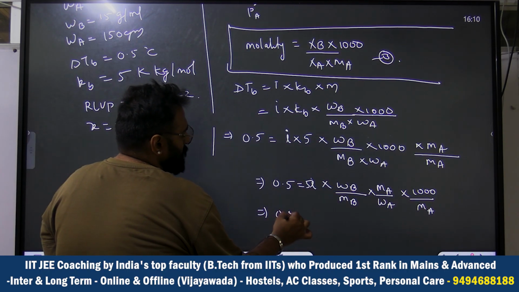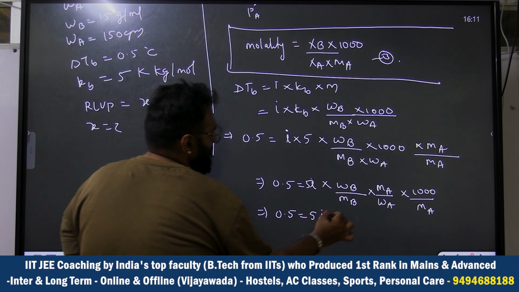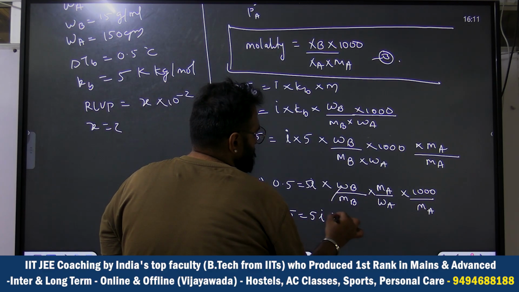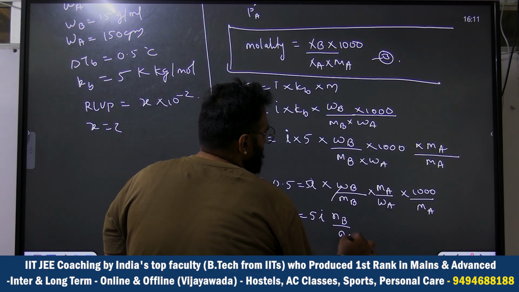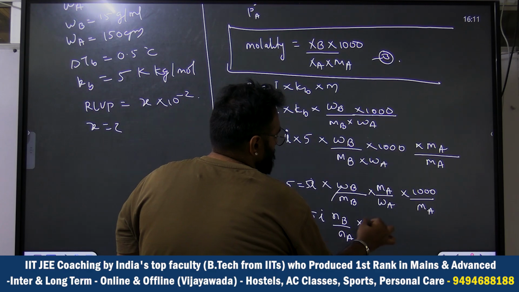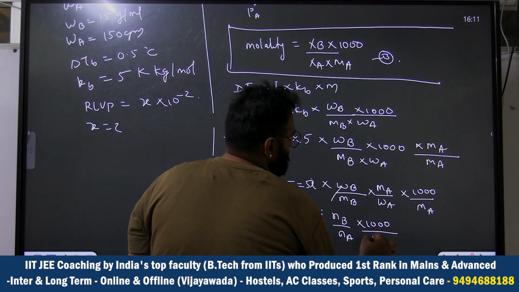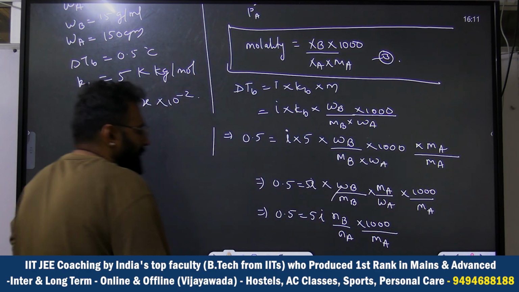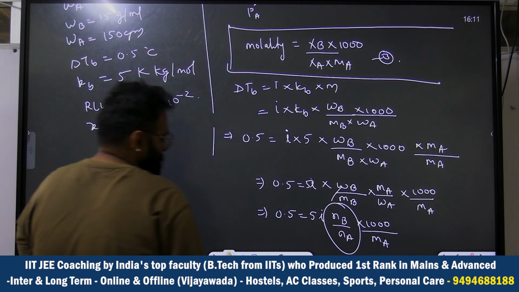Can I write this as 0.5 is equal to 5I, this is NB by NA, into 1000 by MA?